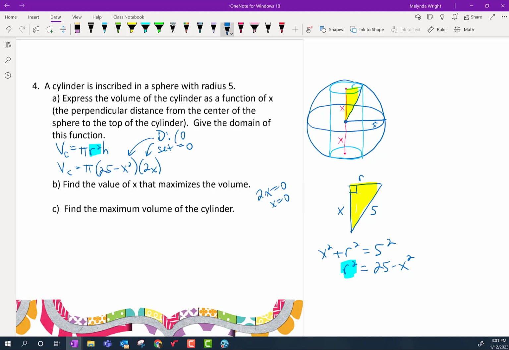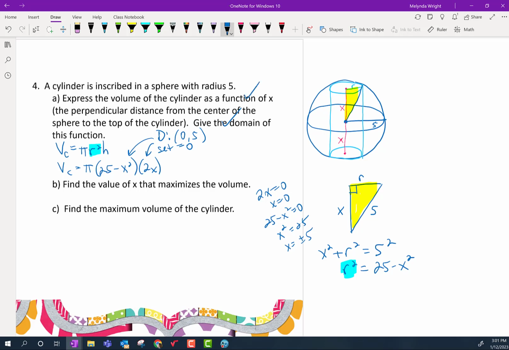My domain starts at 0. 25 minus x squared equals 0, so x squared equals 25, and x is plus or minus 5. When we're talking about a cylinder, we can't have a negative side, so the negative 5 isn't going to help. So our domain is 0 to 5. And that's the second check. We got the domain and we got the equation.